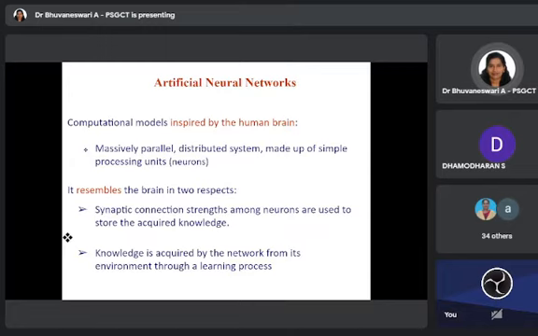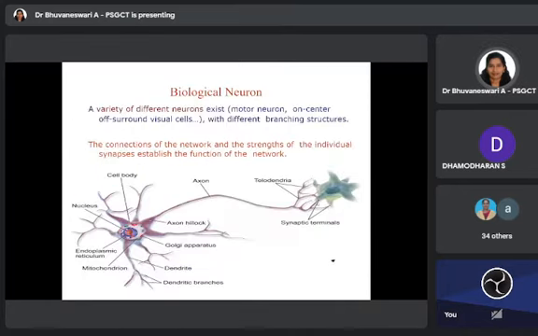So in this diagram, can you see the synaptic terminals? All the neurons will have the synaptic terminals. One of the synaptic terminals will be connected to the axon, which is like a network cable. One end is connected to the human brain or the specific system.